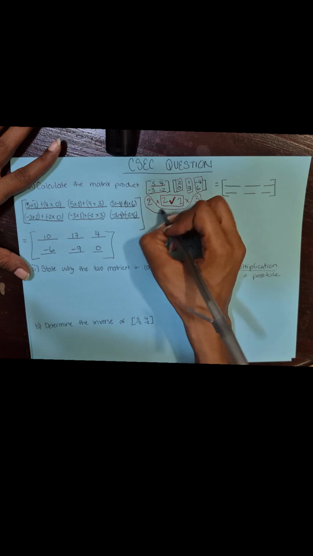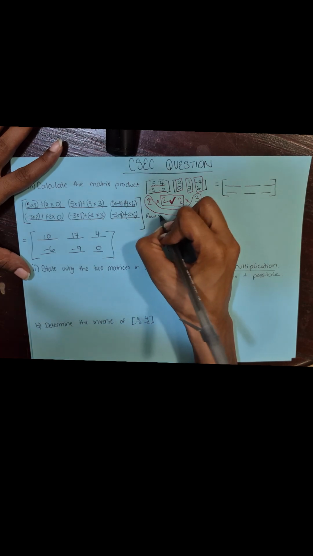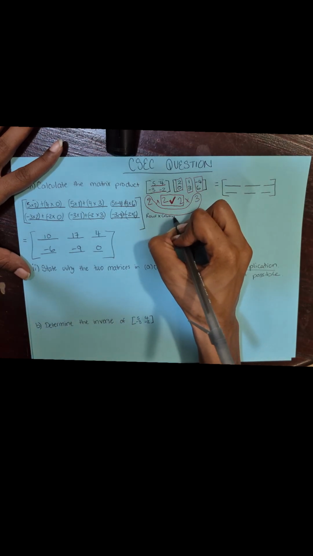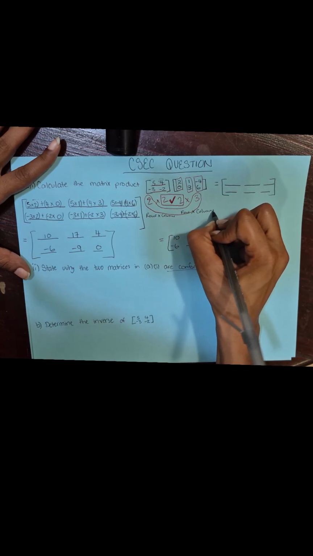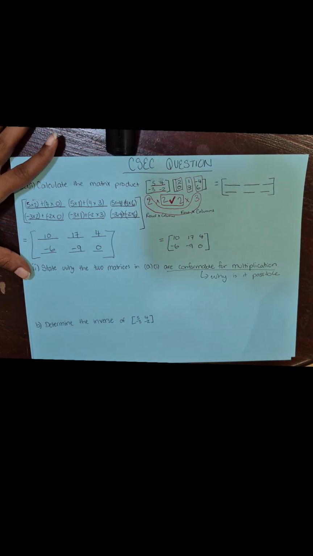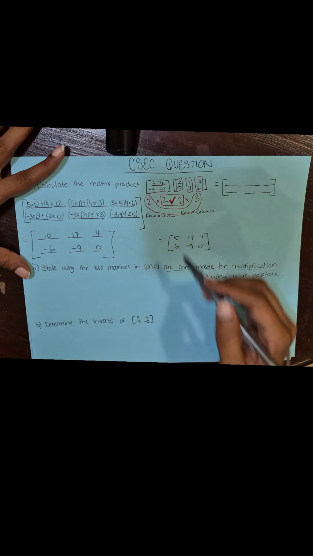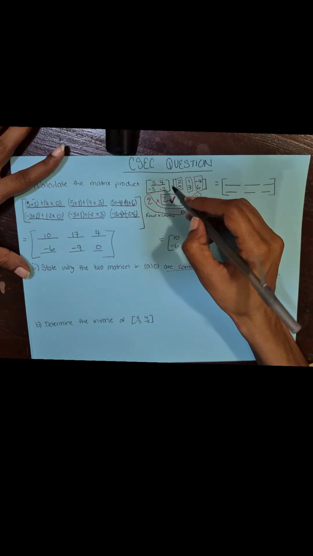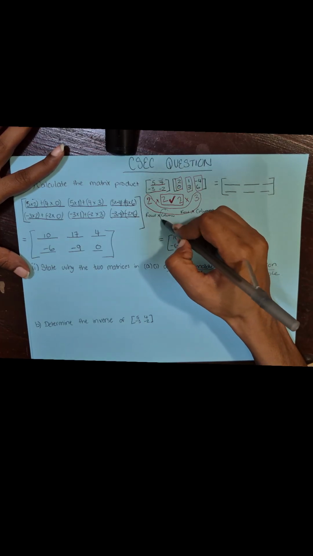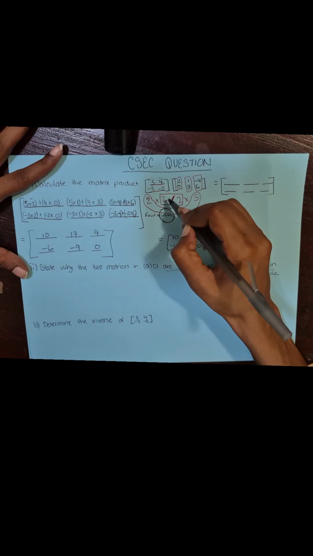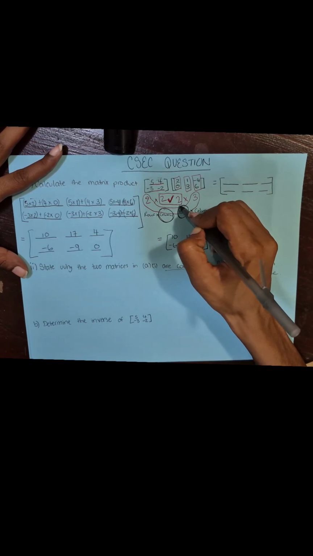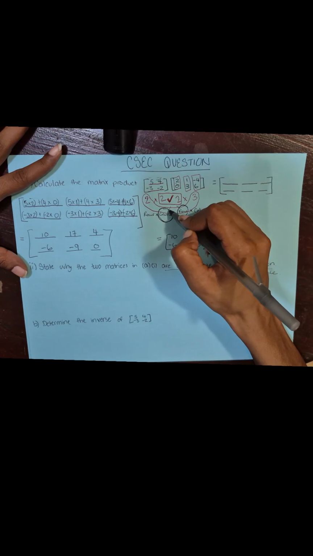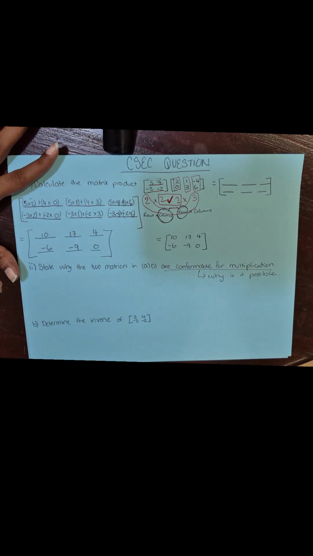We know the order is rows times columns, right? So we're going to say that because the first matrix has the same number of columns as the number of rows in the second matrix, that's why they're conformable.